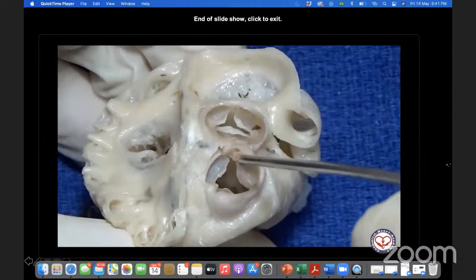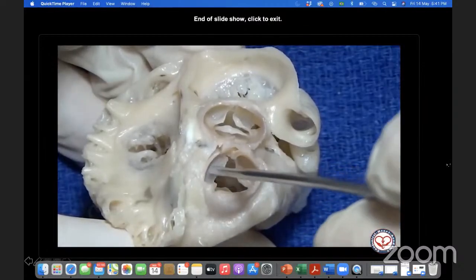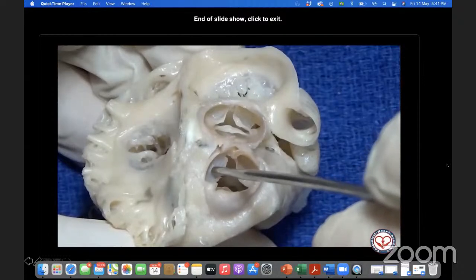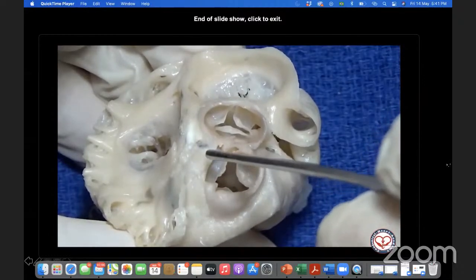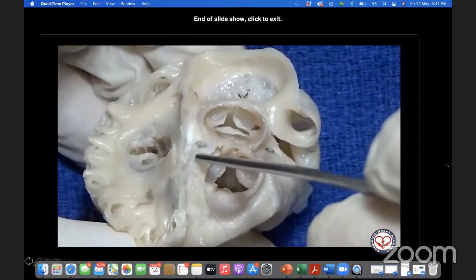In this specimen, both coronary orifices arose from the left-hand facing sinus, or sinus number 2. The right coronary orifice has been cut away, and we just see the artery in this area.